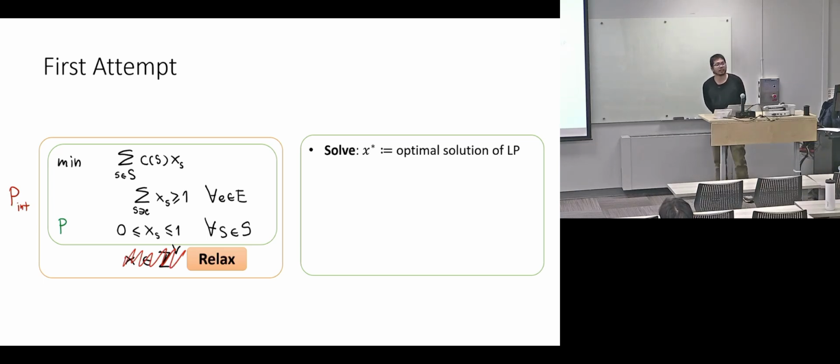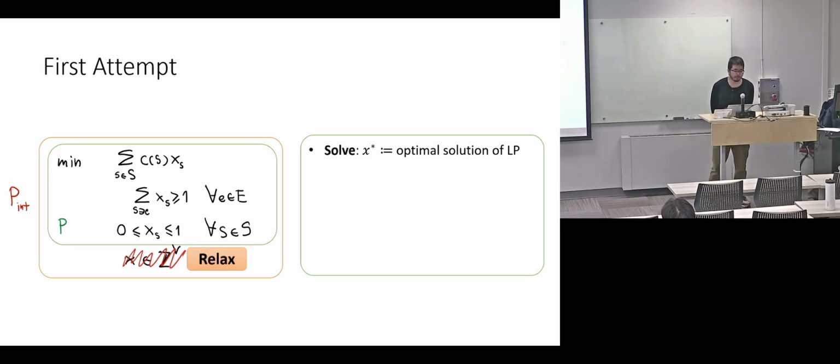Before, we rounded up if it was above 1/2, and that's because there were two things per edge. Now there's some arbitrary number of things per element. So I might think, if it's above 1 over the cardinality of S, something like that. I don't know exactly.